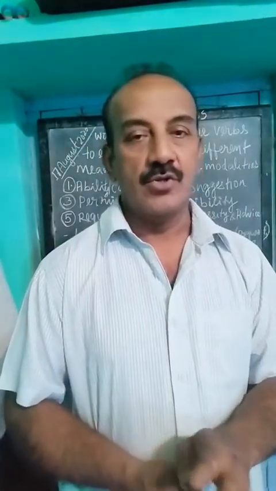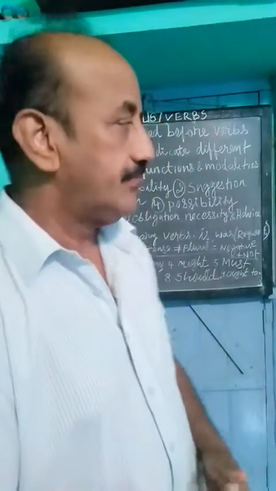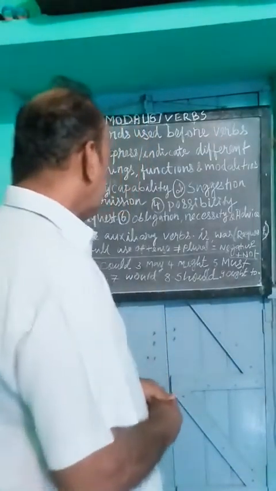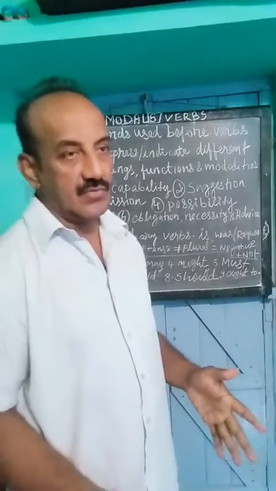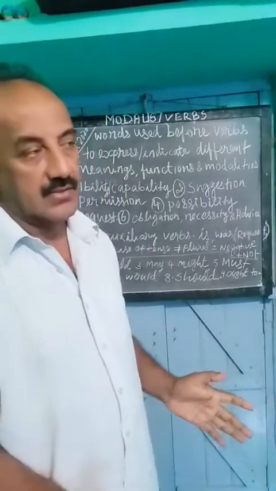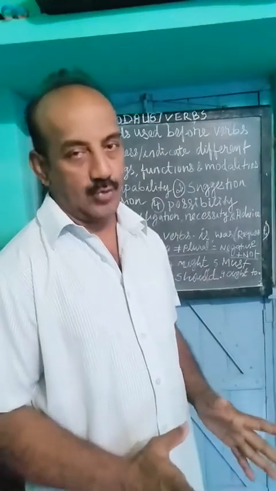There are more around, say 30. So 9 are in your book that you will only see. Extra ones we will see later. Maybe for class 8 we have got need, the word need, and dare to.